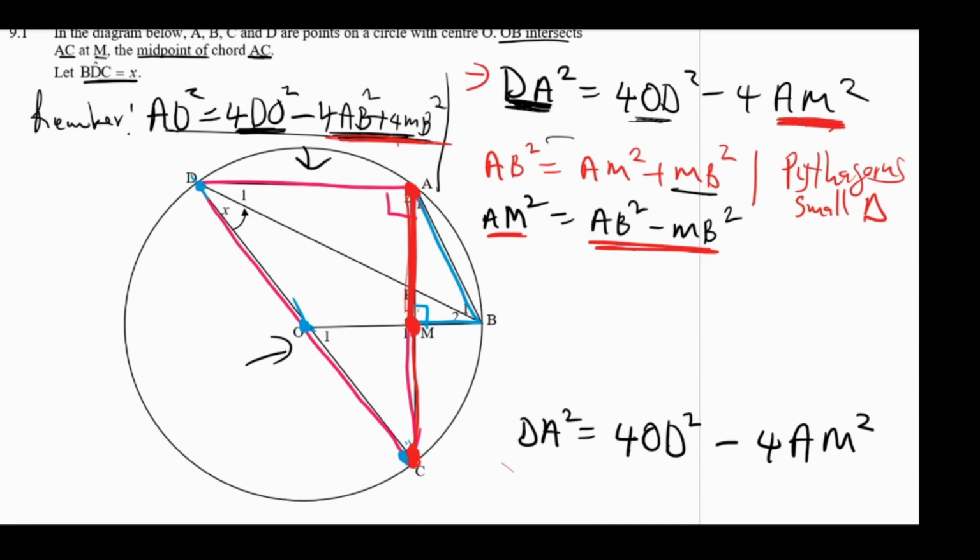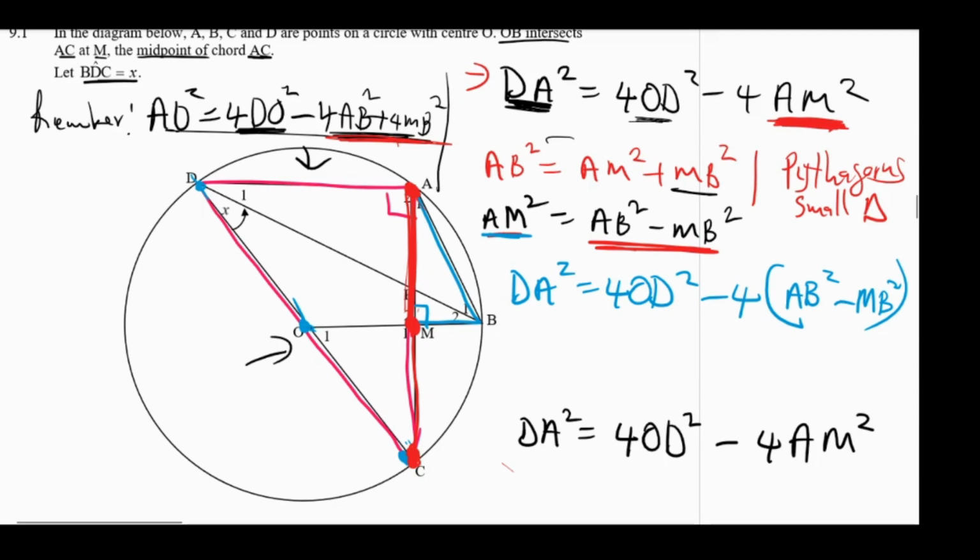Meaning we will have DA squared is equal to 4OD squared minus 4 into AB squared minus MB squared.